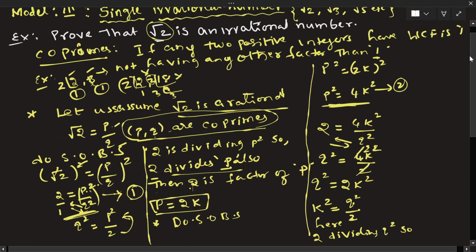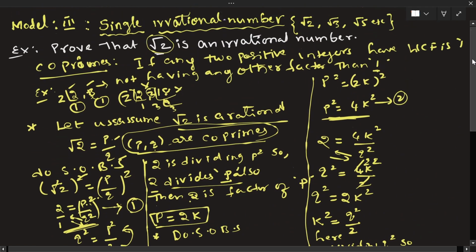Okay students, this is the end of all three models in the concept of proving irrationality. By this we can conclude that whenever we get a question in the examination, any one model of these three, then we have to practice it well, and definitely there will be a question based on this concept.